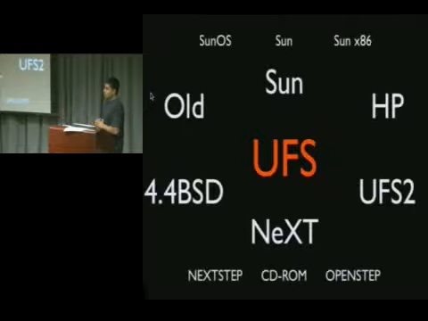And even though I'm saying UFS, they were all different in that endianness would be different, block sizes would be different, even disk layout might differ in subtle ways. So it's not like, Leopard supports UFS, but you can just take any of these old disk images or CDs and mount them, because it's not compatible.